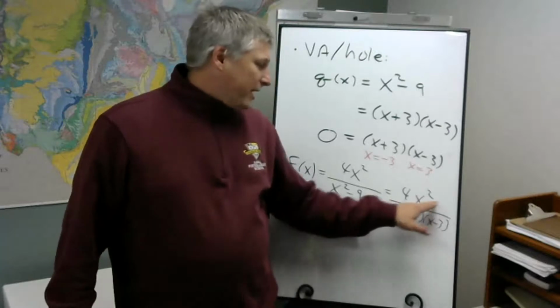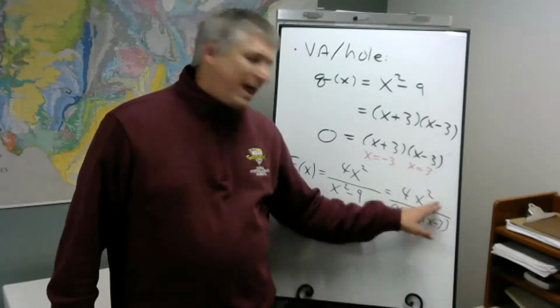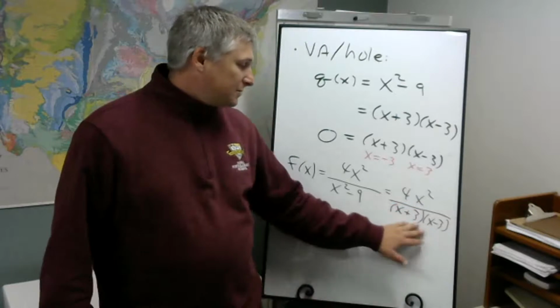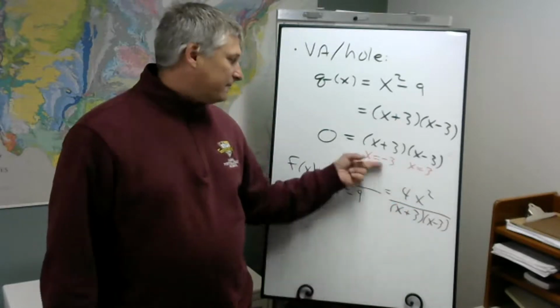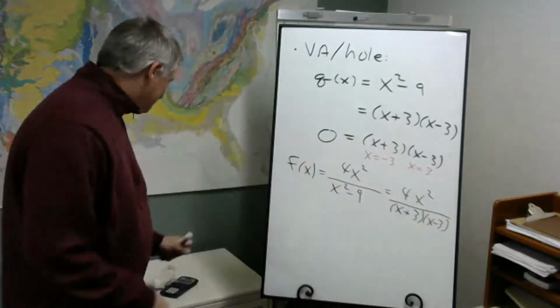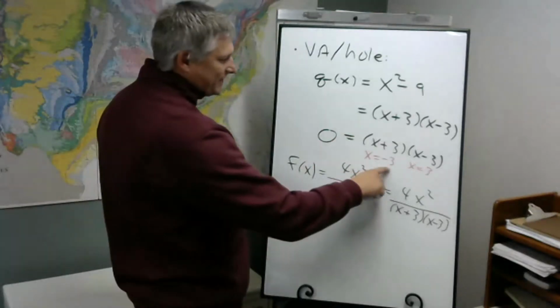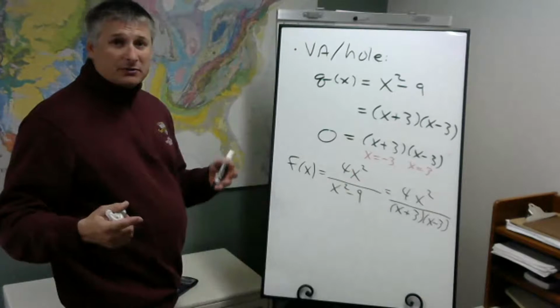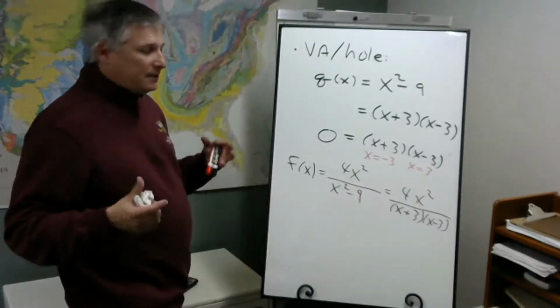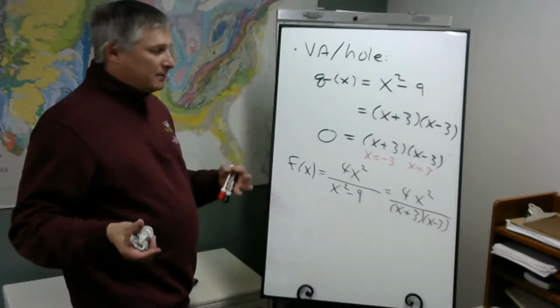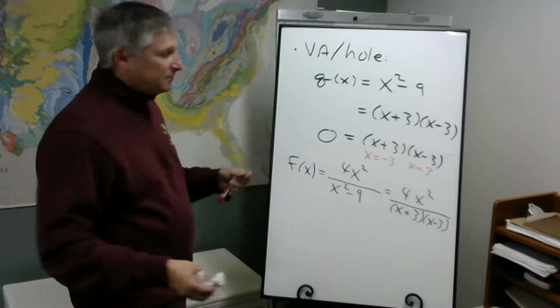Well, they don't. There's no x plus 3 up here. There's no x minus 3. So these don't cancel out. So that means we're not going to have holes. We're going to have vertical asymptotes. So you have a vertical line at negative 3 that the function cannot cross, and a vertical line at x equals positive 3 that the function cannot cross.